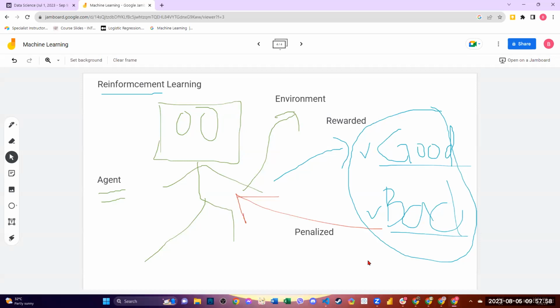All right, so that's what's happening in reinforcement learning. When the robot or the agent is experiencing the environment, the robot is responding to the good and correcting itself from the penalty coming from the bad outcome.